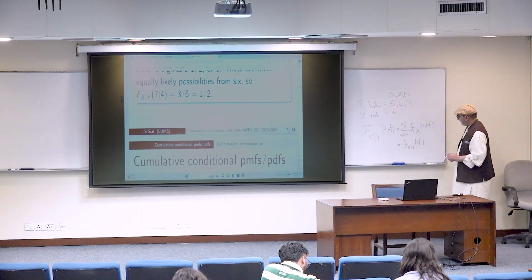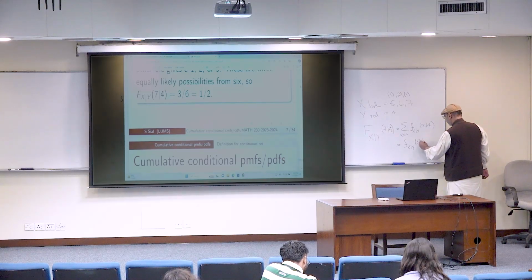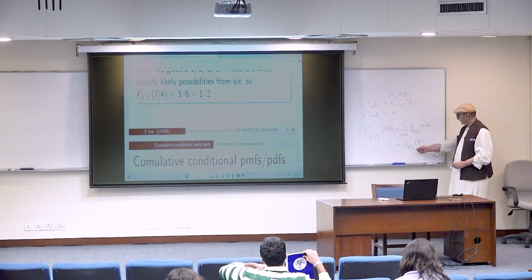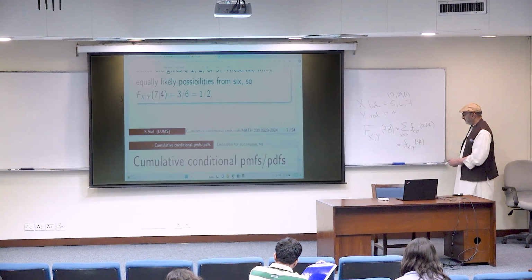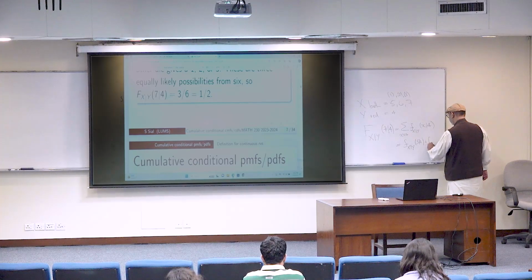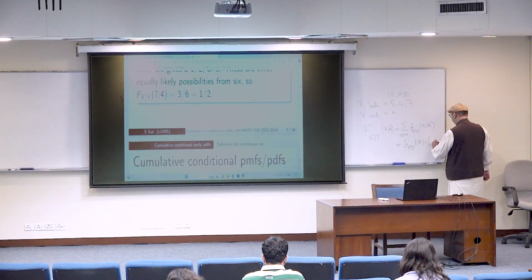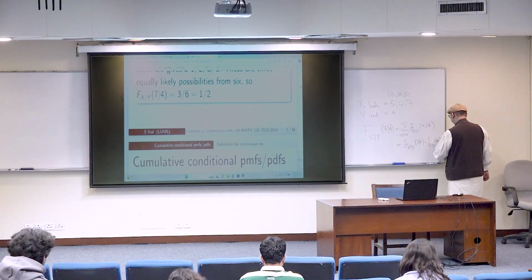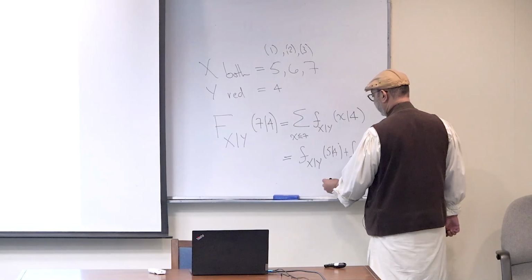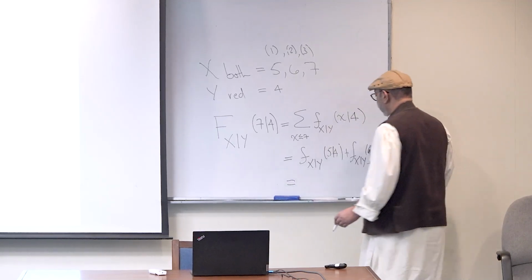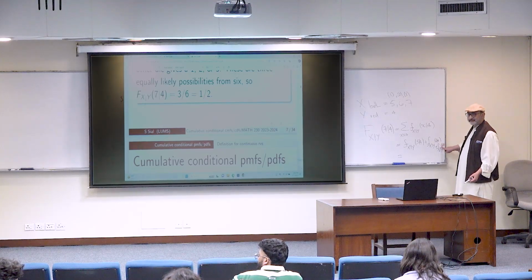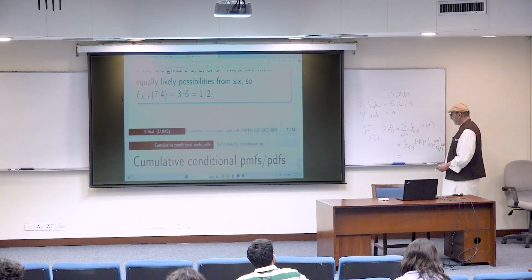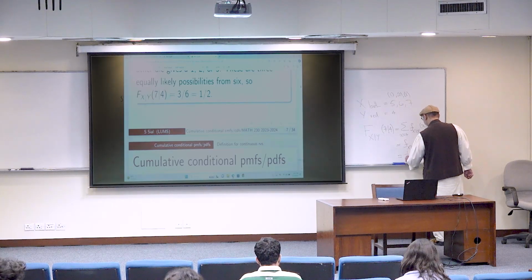So this is the conditional evaluated at 5 given 4, plus the conditional evaluated at 6 given 4, plus the conditional evaluated at 7 given 4. Plus the probability of the other die rolling a 2, plus the probability of the other die giving a 3. Each of those is 1/6.